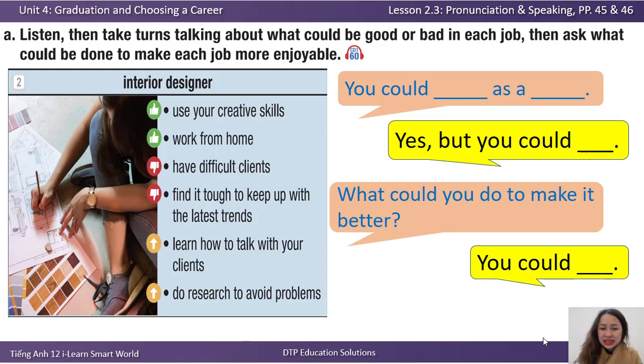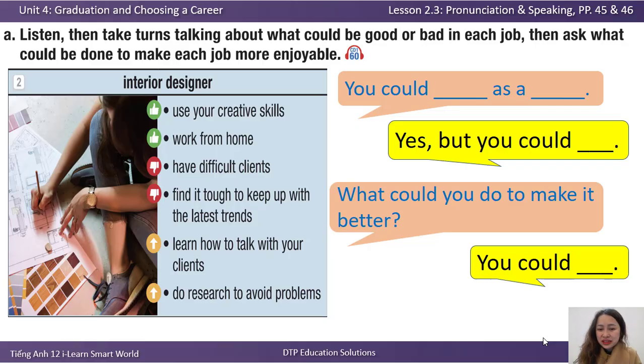And here are some negative aspects. Have difficult clients. Some clients may be challenging, making the job stressful. Find it hard to keep up with the latest trends. Interior designers need to stay updated on industry trends, which can be demanding. You could find it hard to keep up with the latest trends as an interior designer.